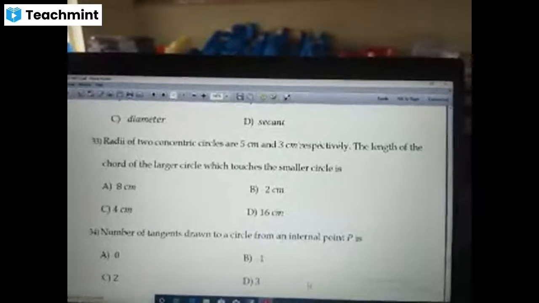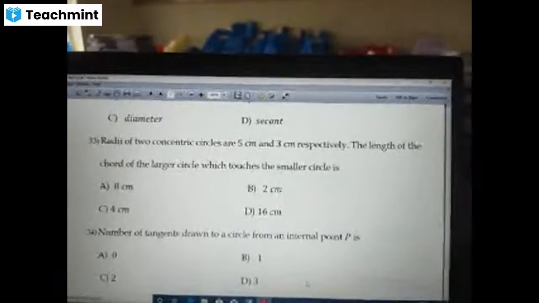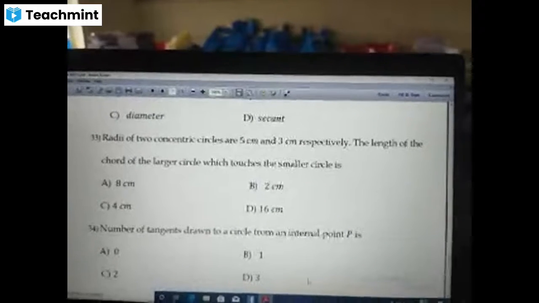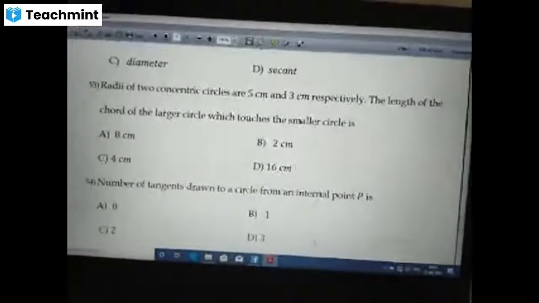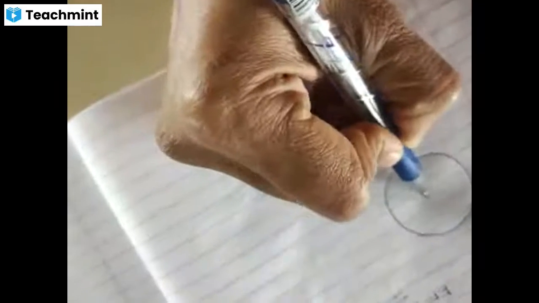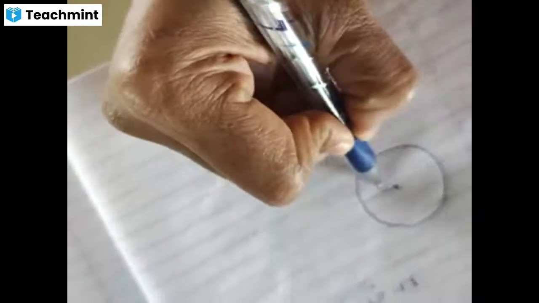Length of the chord? How much? Just draw the circle yourself. Two concentric circles. First circle is 5 centimeter radius.